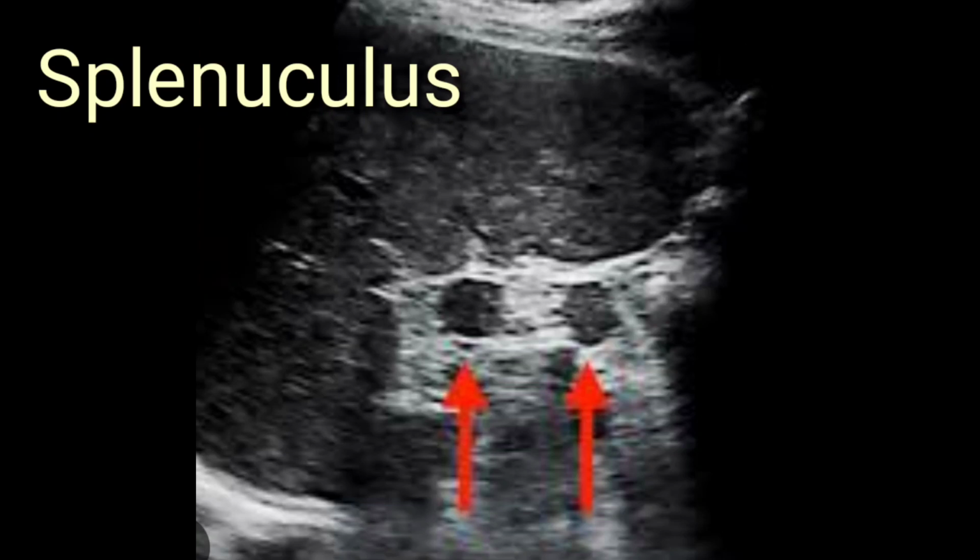In the previous image you could see a single spleniculus, while in this image there are two, and they may appear in multiple form as well. You should not confuse them with a mass lesion, because they are actually a normal variant called spleniculus.